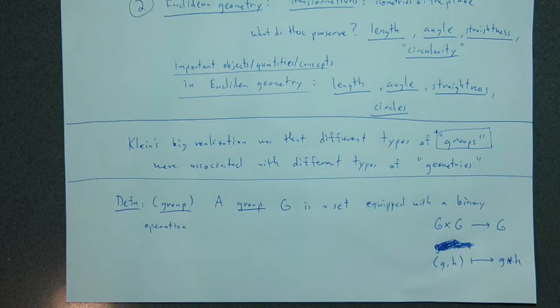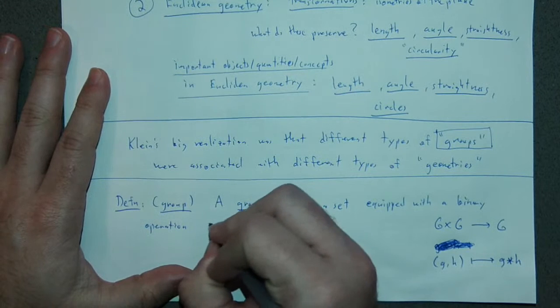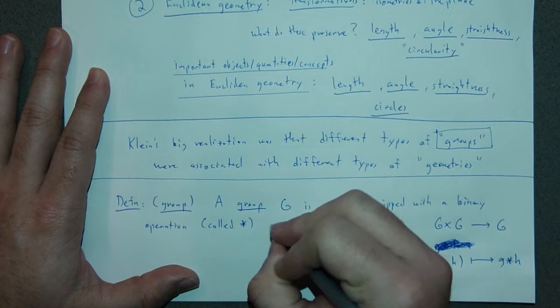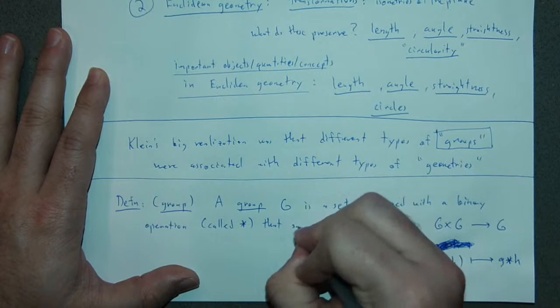And the fact that this always goes to G, so I don't take two elements of G, star them, and get something somewhere else, that's called a closed binary operation. In this class, any binary operation I'm going to consider is going to be closed, so I'm not going to make a distinction. So a group G is a set equipped with a binary operation like this called star, that satisfies the following properties.